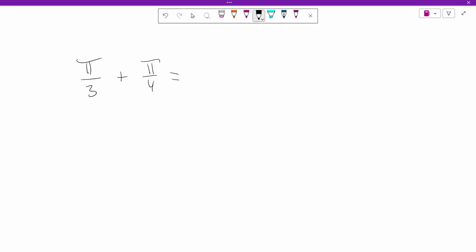We can't add them like that. They need to be a common denominator. So we have to multiply this one by 4 over 4, this one by 3 over 3. So you get 4 pi over 12 plus 3 pi over 12 equals 7 pi over 12.